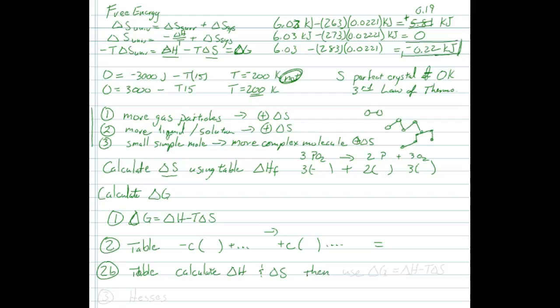Then use delta G equals delta H minus T delta S. And the third way is using Hess's law, where you have equations you have to flip, rotate, double, take half, manipulate the steps of the reaction to come up with the net reaction that you need. And this is the lesson on free energy.